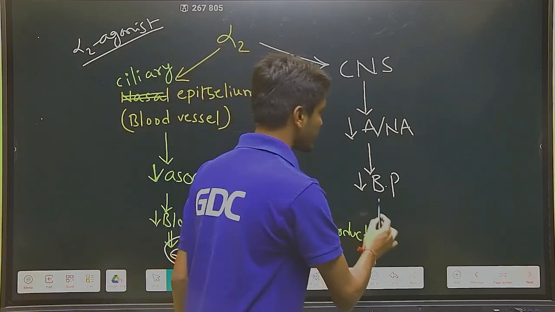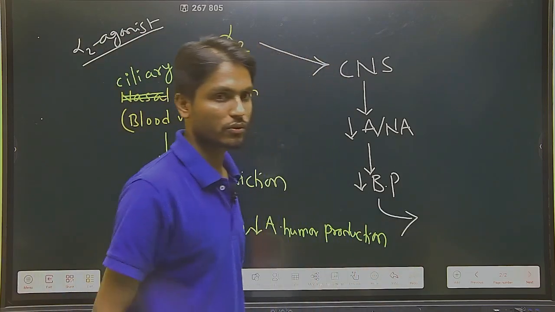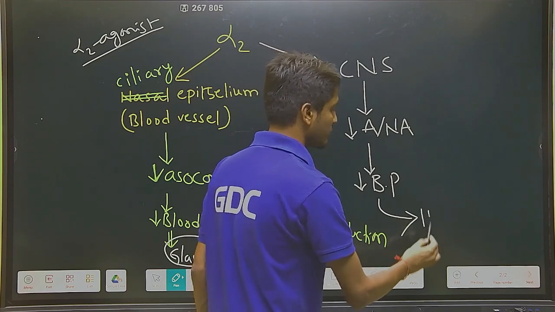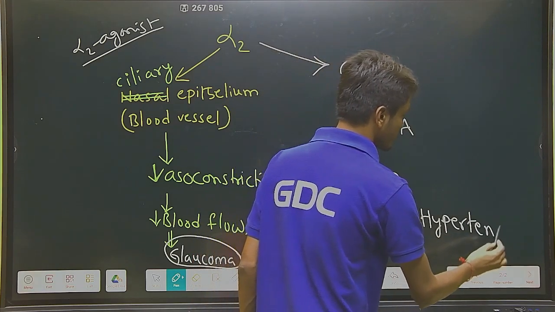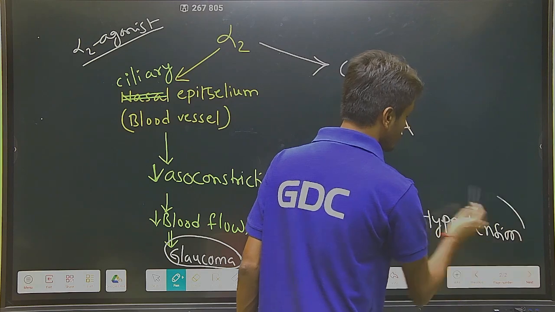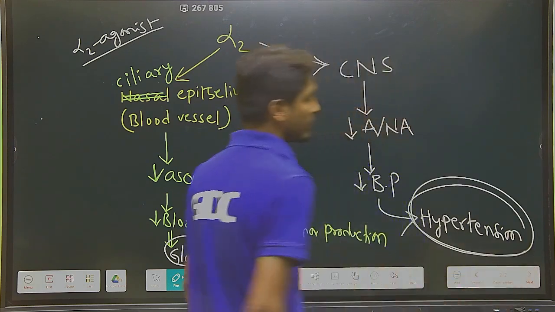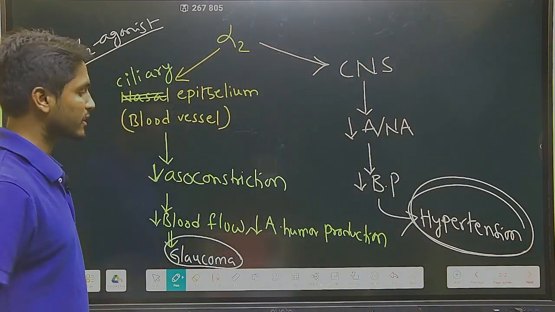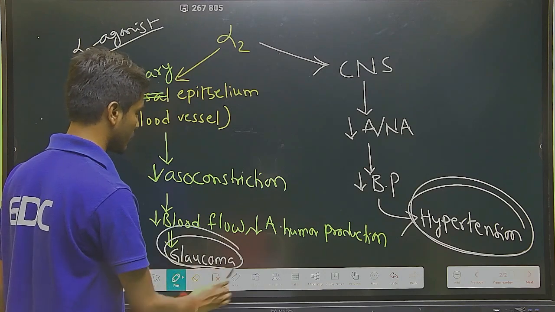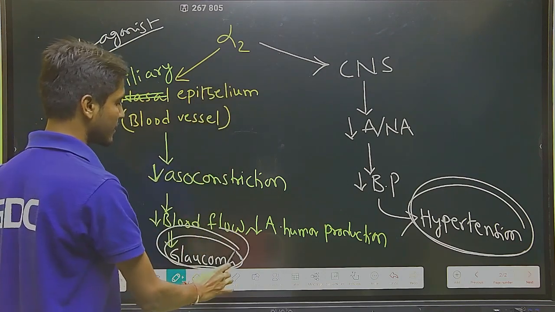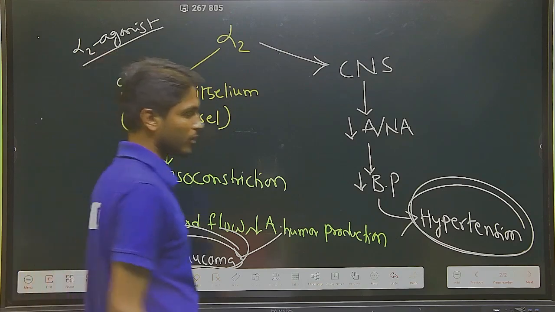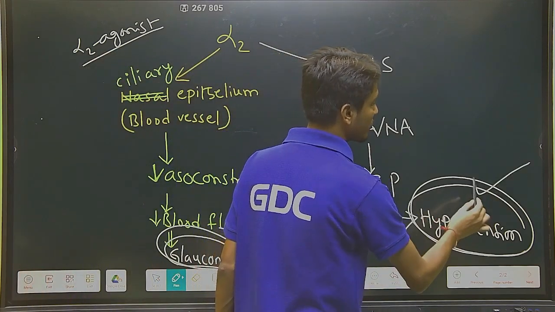Hence these drugs can be used in the treatment of hypertension. So the drugs can be used in the treatment of hypertension and glaucoma. At the end, alpha-2 agonist drugs can be used in the treatment of glaucoma along with the condition of hypertension.